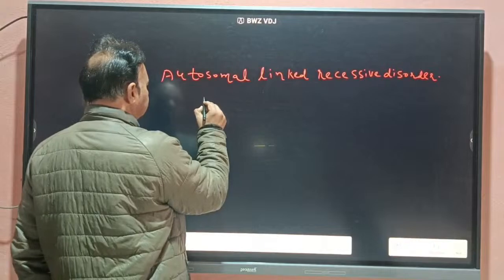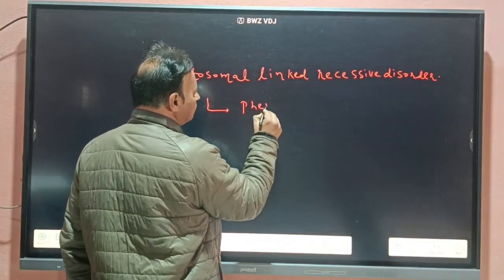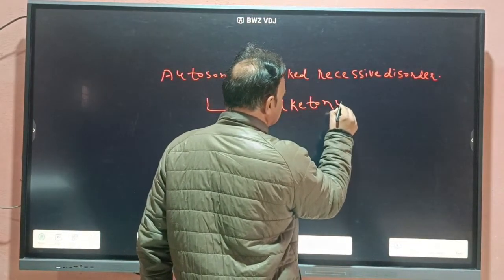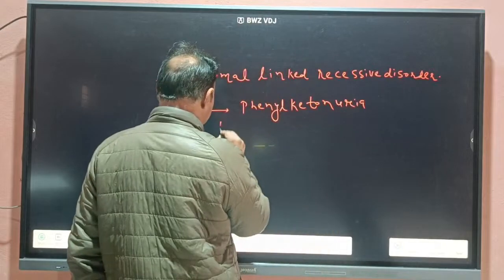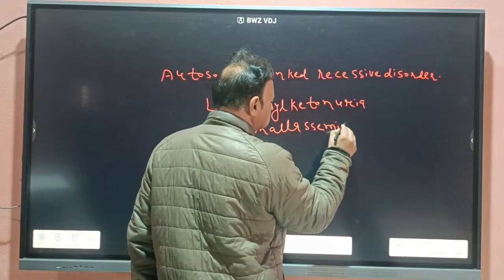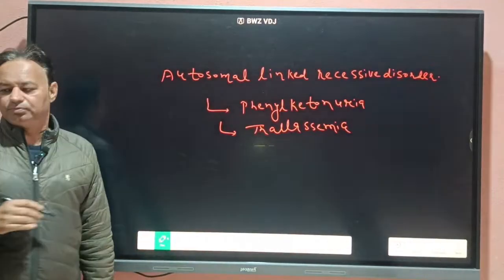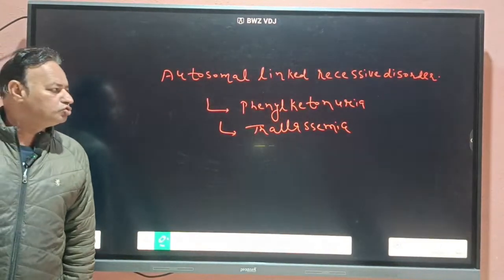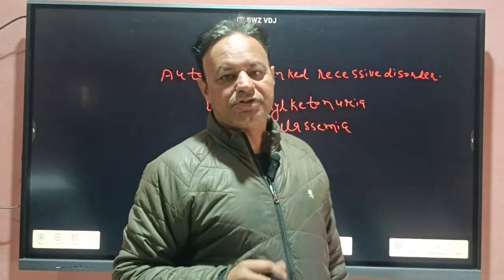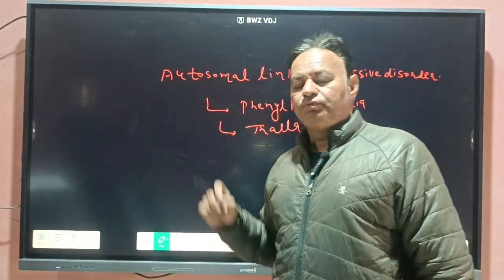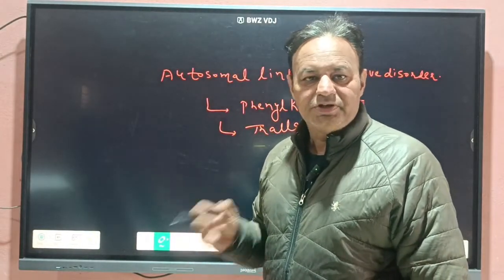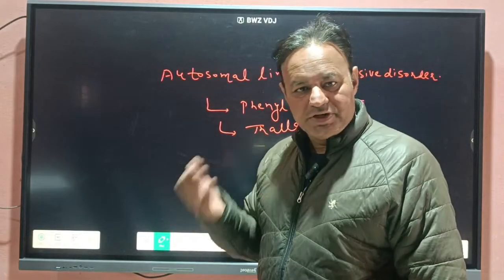Phenylketonuria and thalassemia. Phenylketonuria and thalassemia are the examples of autosomal linked recessive disorder because the mutated gene is present on the autosomal chromosomes in recessive condition, or maybe in dominant condition.